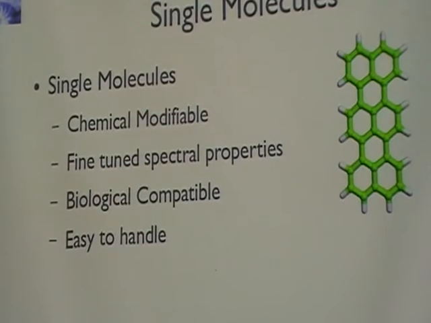You can also fine-tune the spectral properties. Unlike an atom, which has a fixed transition, and there's nothing that can differ one atom from the other, you can change this, so that you have a molecule emitting in red or in blue or in whatever color you want.